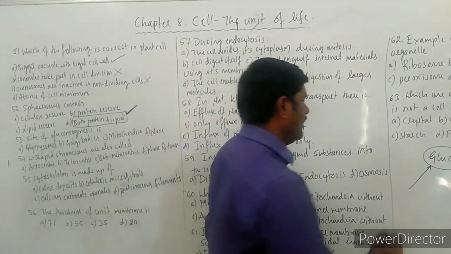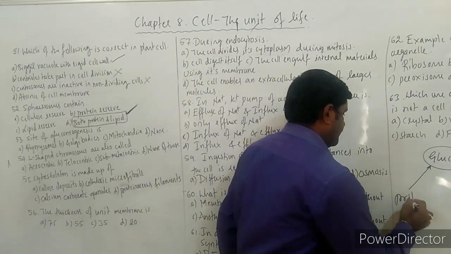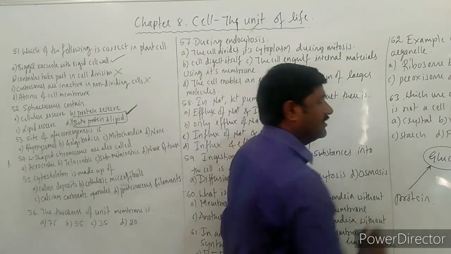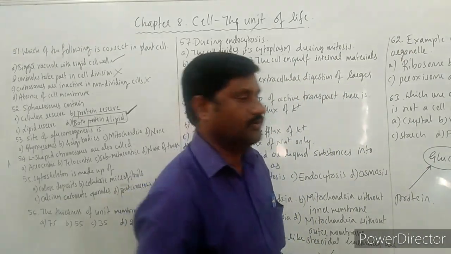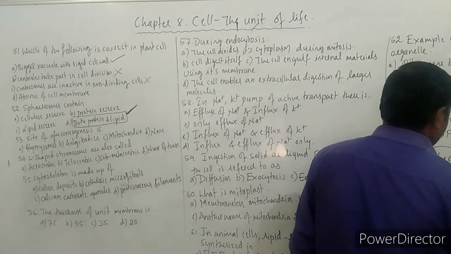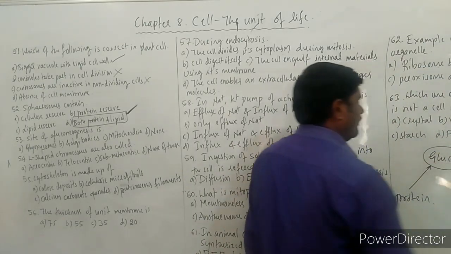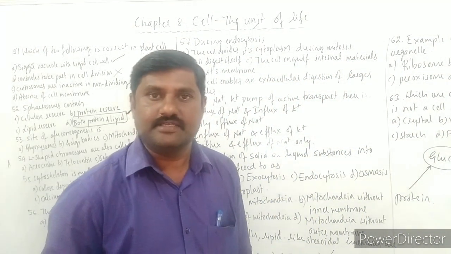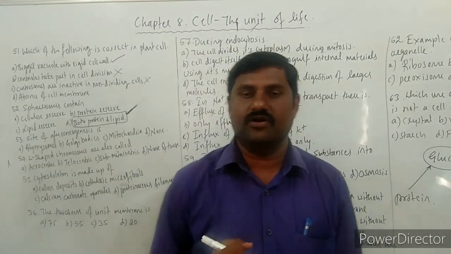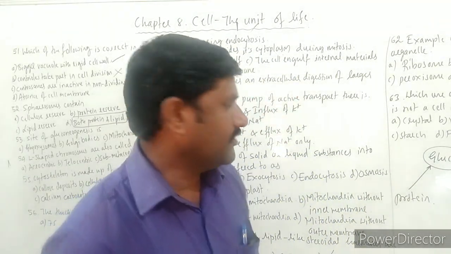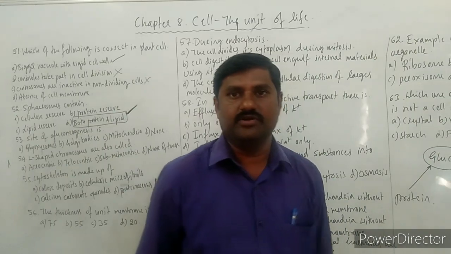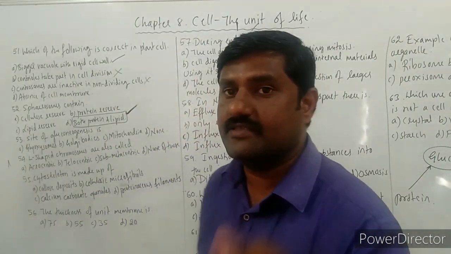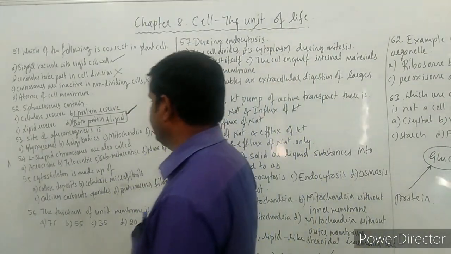Non-carbohydrate components like proteins can sometimes convert into glucose, and even fats can convert themselves into glucose. So that process is called gluconeogenesis.